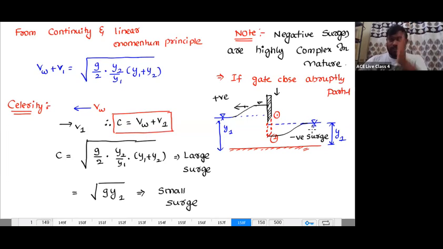What happens when I close the gate? Positive surge will move towards the upstream. Then what is the celerity? On the downstream, both are in the same direction, minus. On the upstream, opposite direction, plus: VW plus V1 upstream, VW minus V1 downstream. If you have understood this, I hope you can solve any problem based upon this.